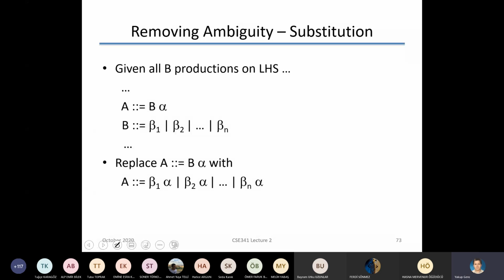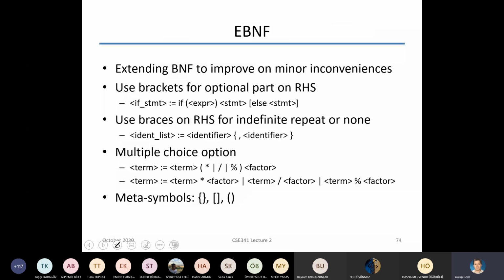So this is what I want to say about context-free grammars to define syntax, in two parts. They are kind of interlaced with concrete and abstract syntax almost at the same time.